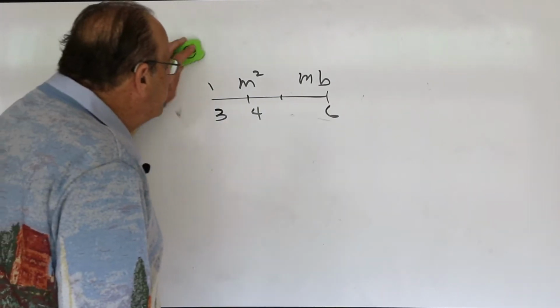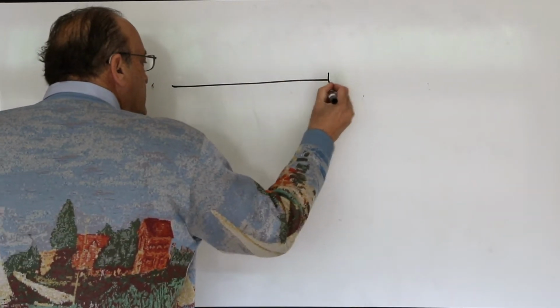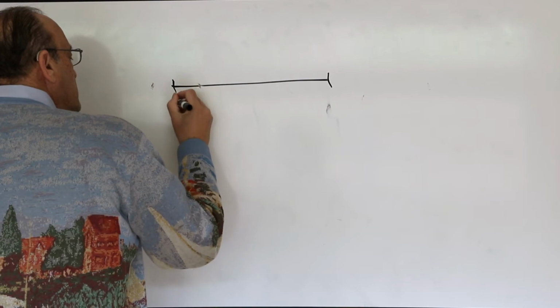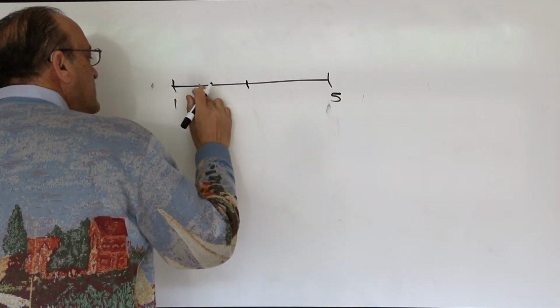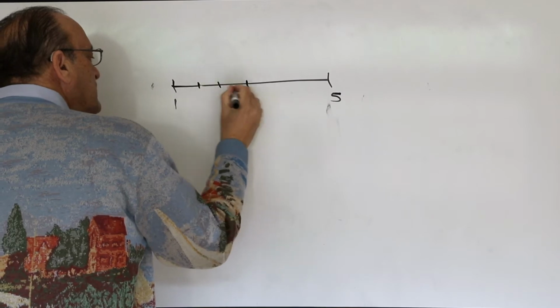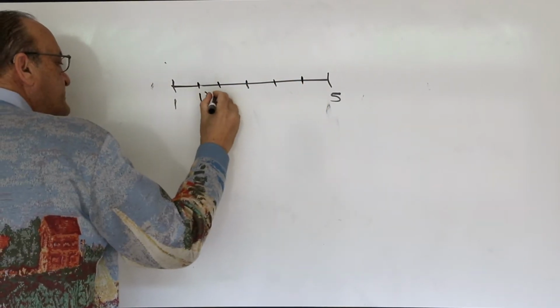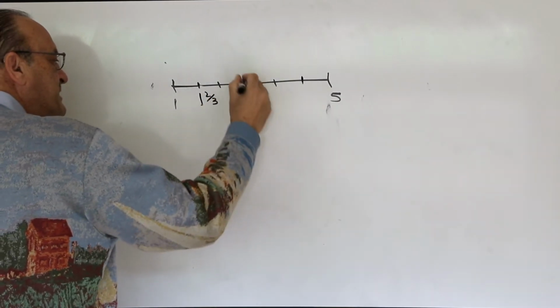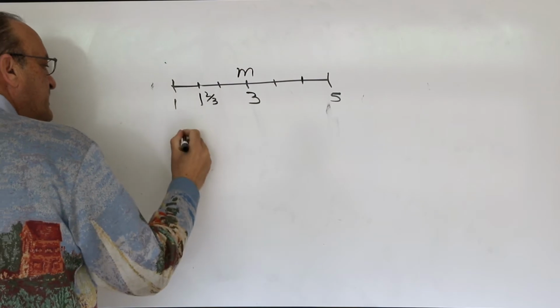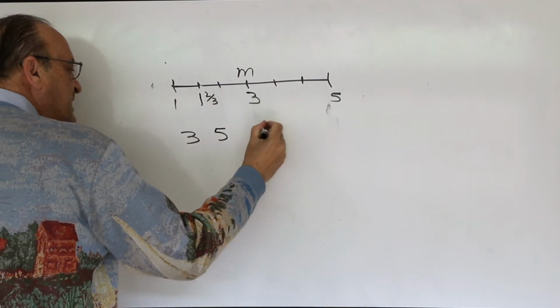So for example, if we have 1 and 5, this was 1 2/3, if you remember. And this was 3. If we times everything by M, which is 3, 5/3 becomes 5. 3 times 3 is 9.